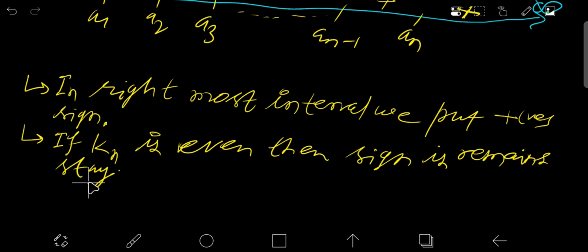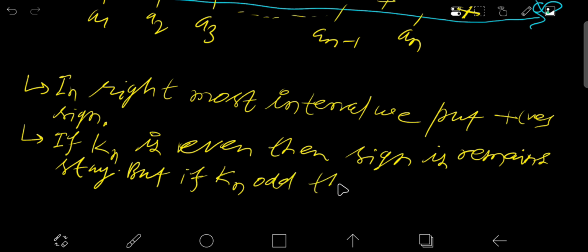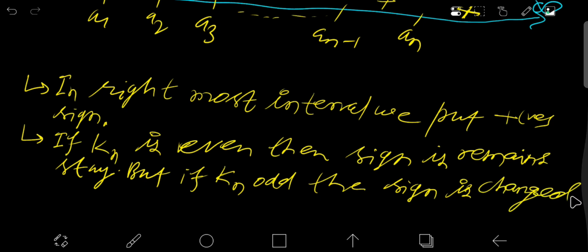Means it does not change, but if kn is odd, okay, odd, then the sign is changed. That means here it goes from positive to negative.